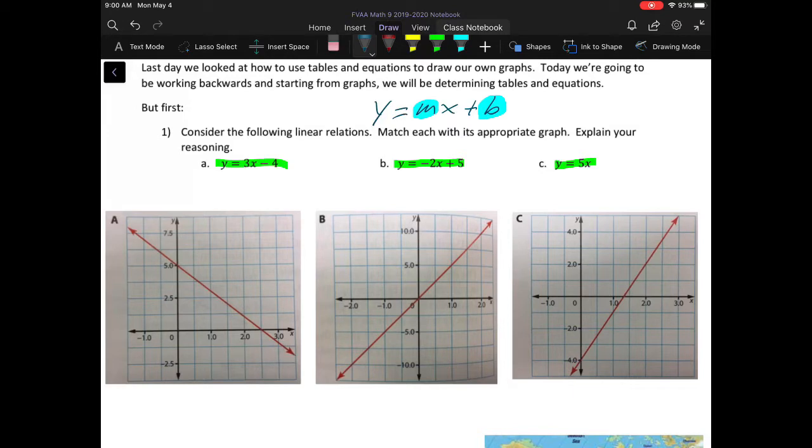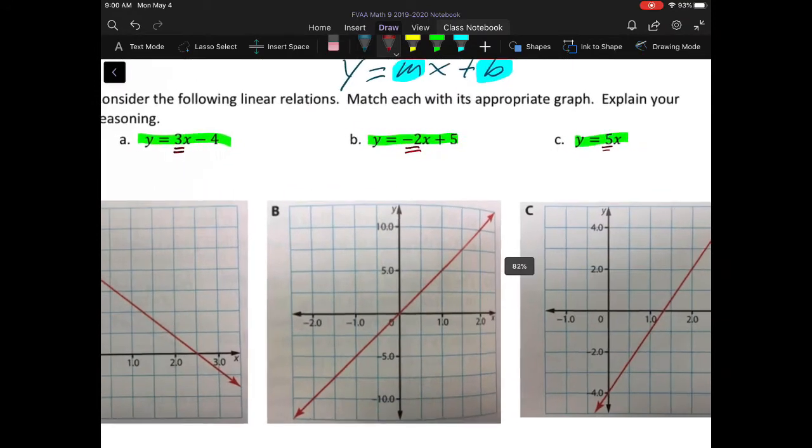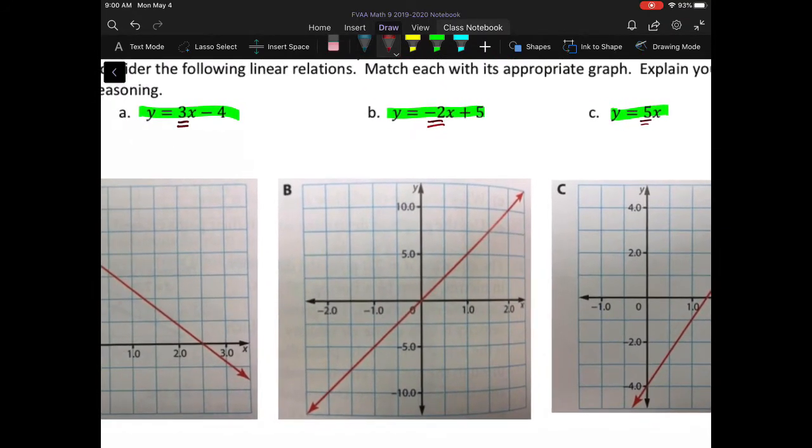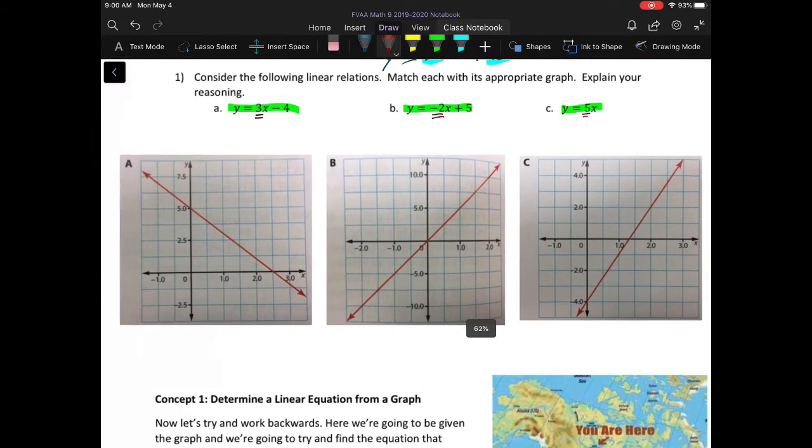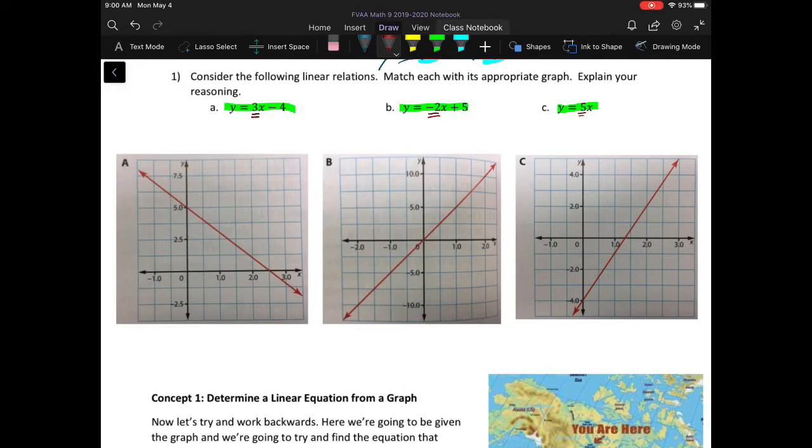So now let's first start with looking at the rate of change. You'll notice here that two of the rates of change for these equations are positive, 3x and 5x, and one is negative, negative 2x. So based on these lines, which do you think would be the negative 2x, and which would be the positive 3 or positive 5 in terms of its rate of change?